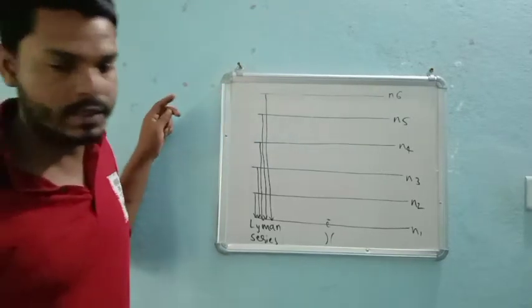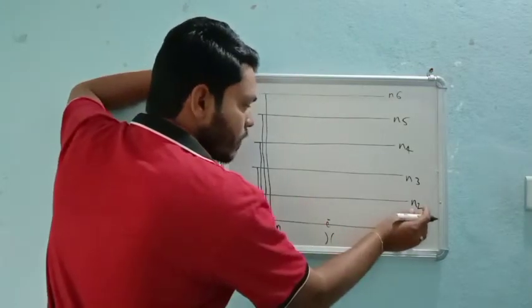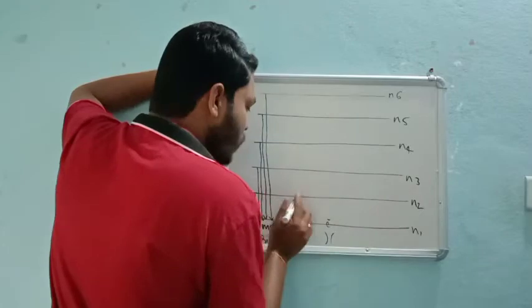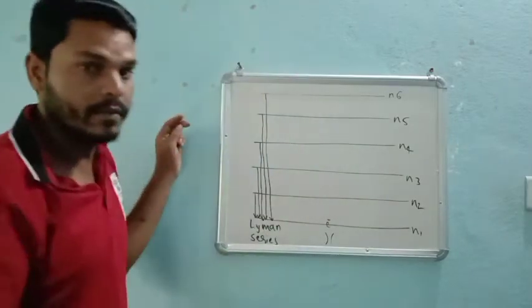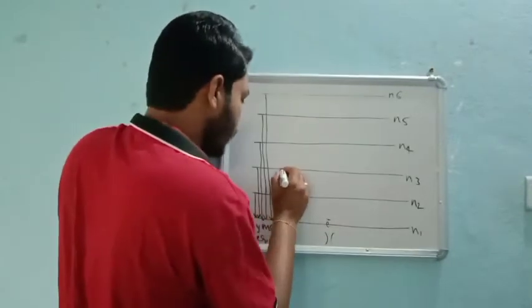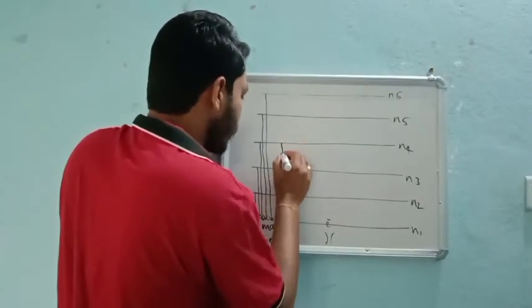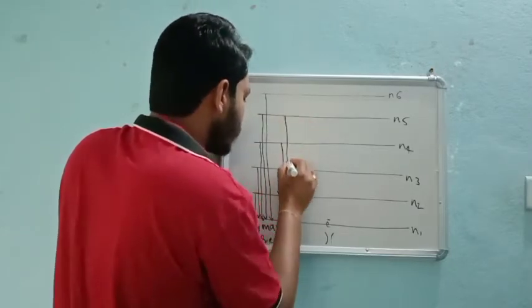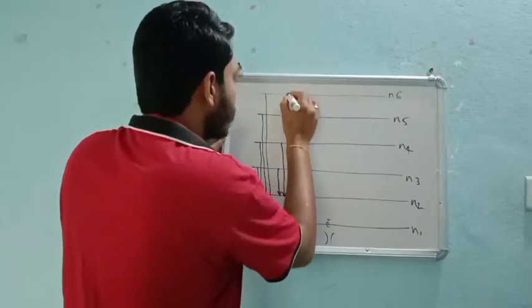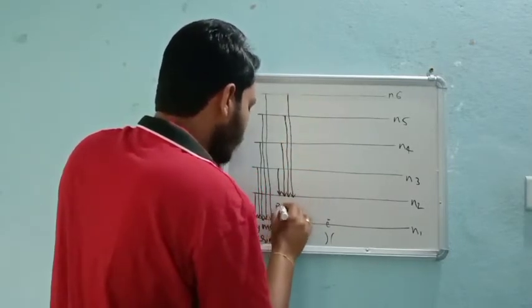Next, one more series, the Balmer series. According to Balmer, the ground state of the hydrogen electron is the second shell, so from the second it will jump to the third, fourth, fifth, or sixth energy level. This is called the Balmer series.